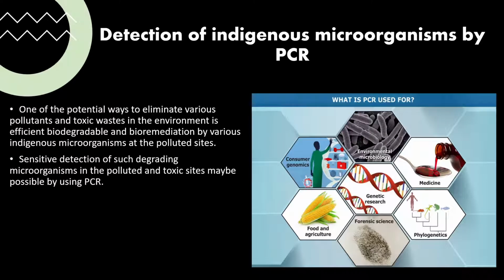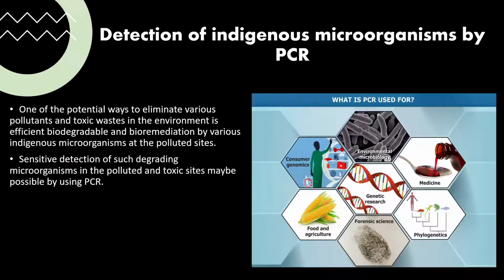Detection of indigenous microorganisms by PCR. One of the potential ways to eliminate various pollutants and toxic wastes in the environment is efficient biodegradation and bioremediation by various indigenous microorganisms at the polluted sites. Sensitive detection of such degrading microorganisms in the polluted and toxic waste sites may be possible by using PCR.